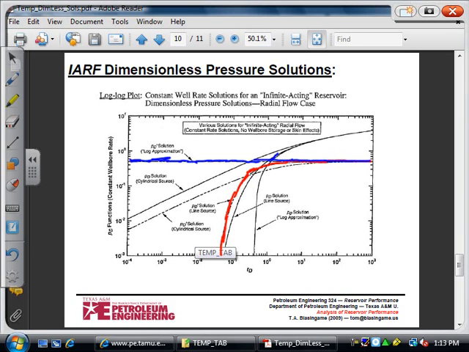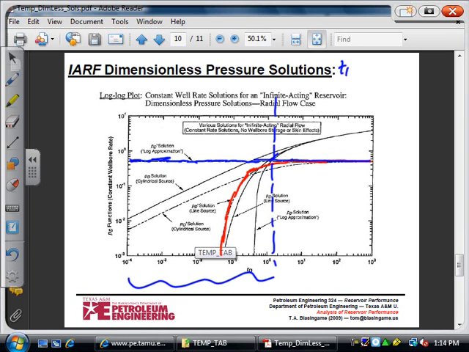Okay, now what you are looking at is the blue line, your log approximation to the derivative, so it's always constant. And the red line is the exact solution of the exponential integral. So the difference is only up to TD equals 1, okay?